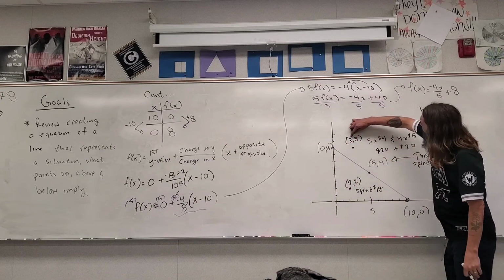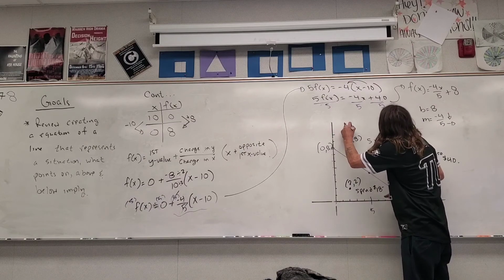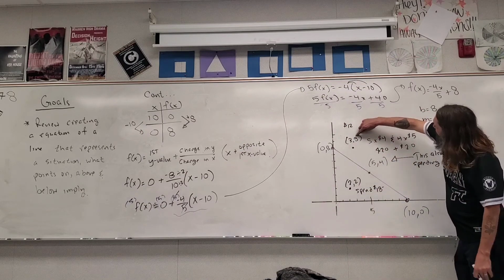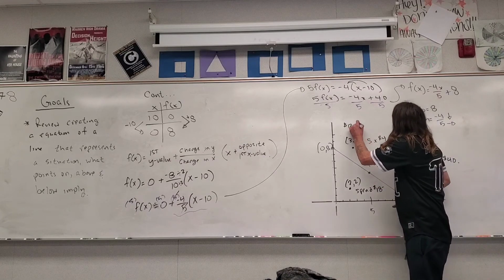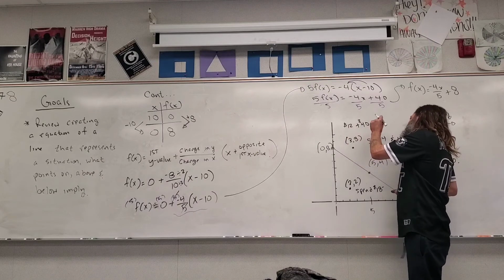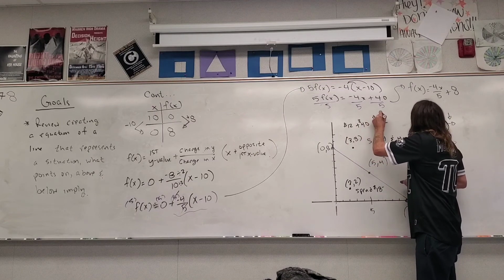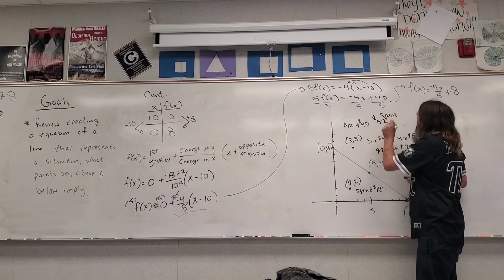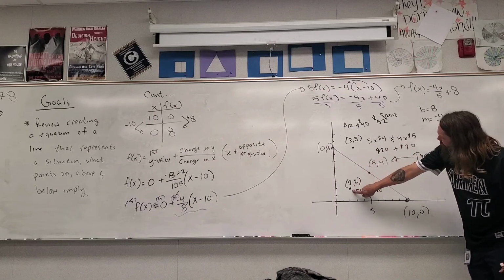That means that I bought 3 $4 hats, so I spent $12 on hats, and I bought 8 $5 masks, so I spent $40 on masks, so that meant I spent $52. Look at the location of this point.